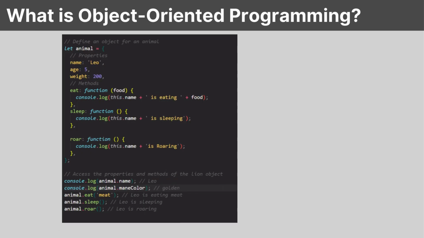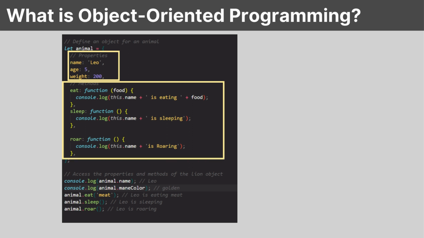For example, let's say we want to create a program that simulates a zoo. We can use OOP to create objects that represent different animals such as lions, tigers, and bears. Each animal object can have properties like name, age, weight, etc., and methods like eat, sleep, and roar.